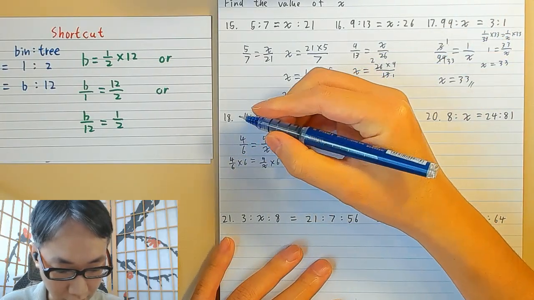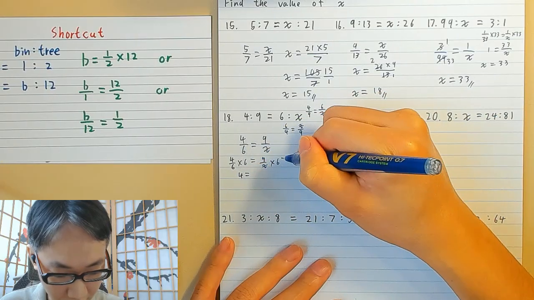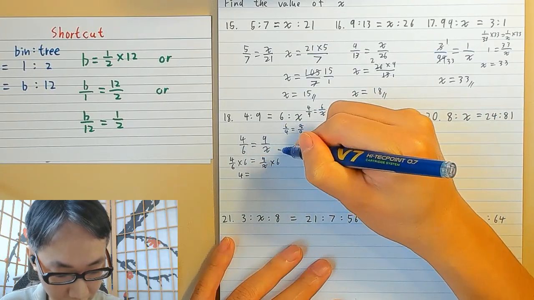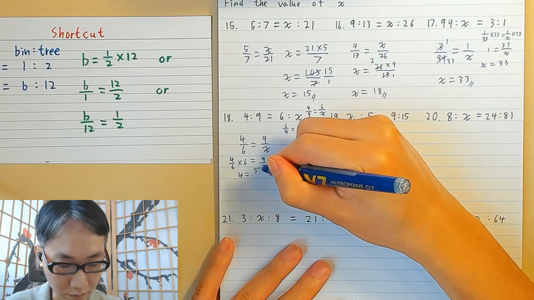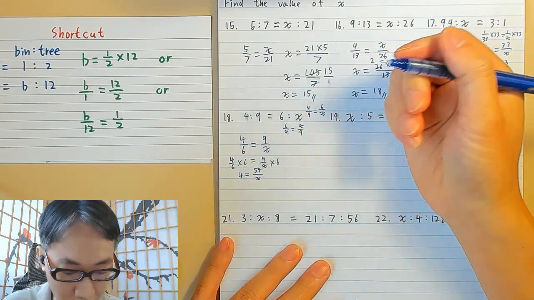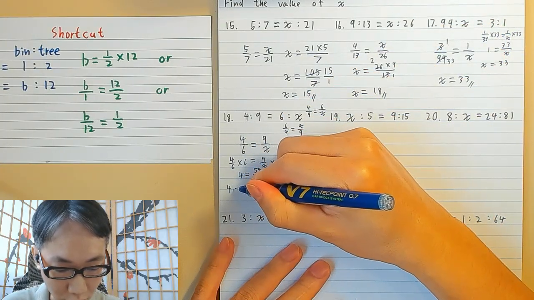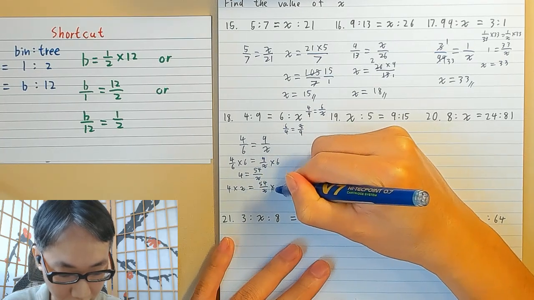And 6 cancels. So 4 equals 6 times 9 over x. 6 times 9 is 54. Now multiply both sides by x. So 4 times x equals 54 over x times x.